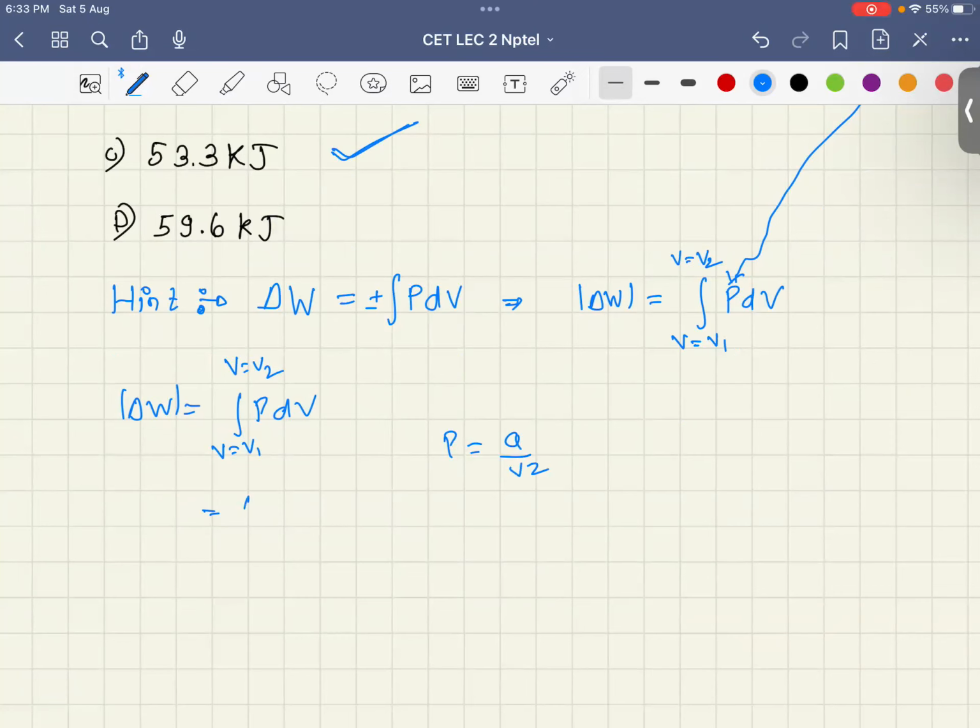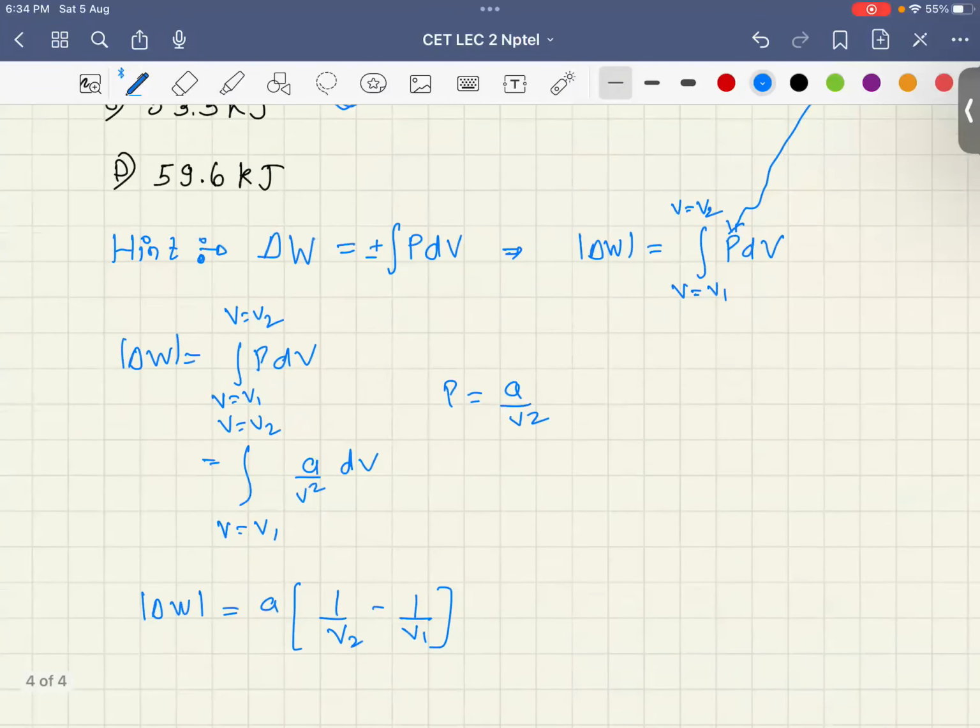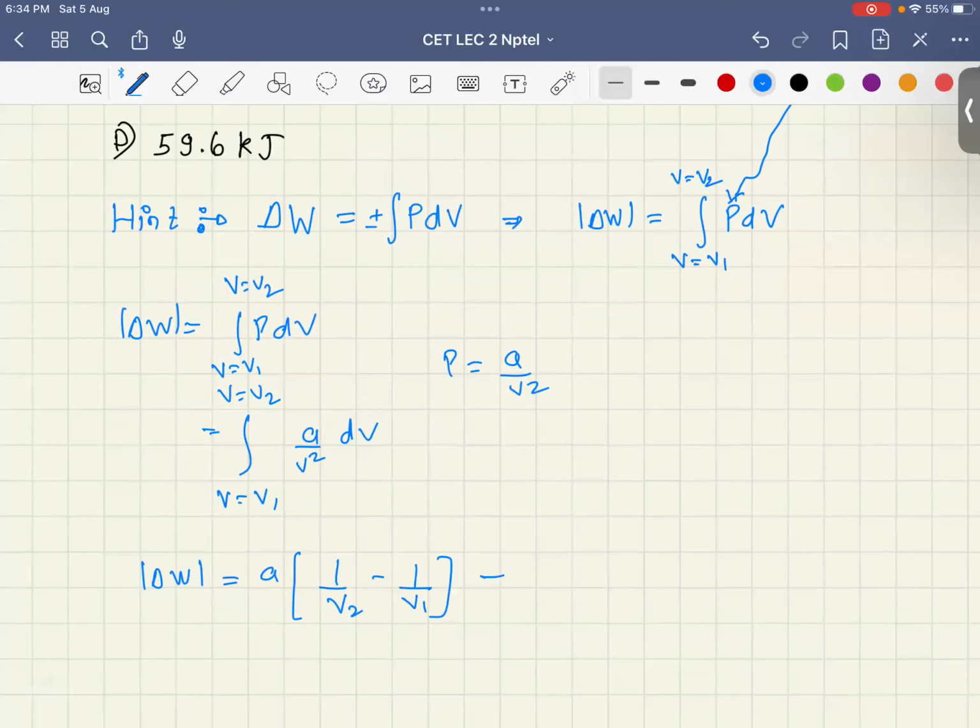Therefore, it is going to be the integral from V1 to V2 of A by V square dV, right? The integration comes out to be A times 1 by V2 minus 1 by V1, right? So when you put in the values, delta W is nothing but the mod of this.